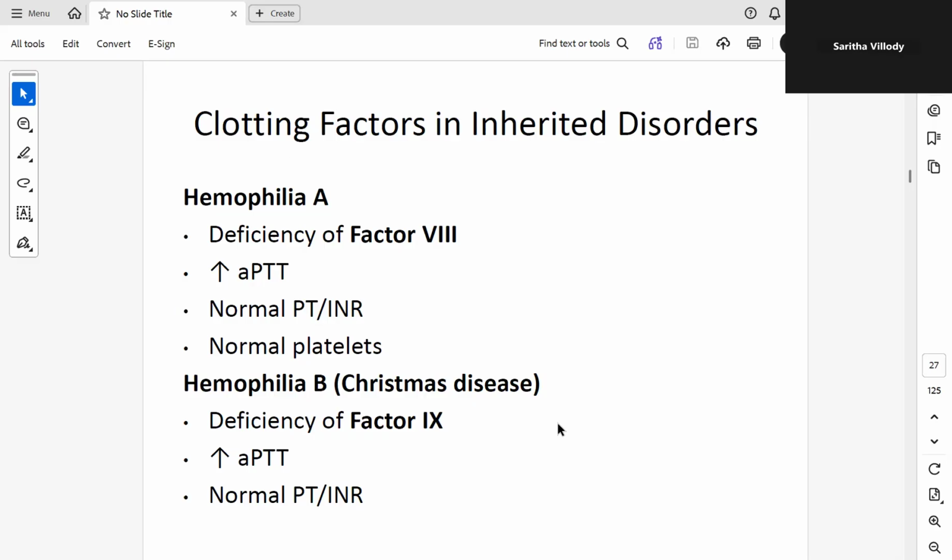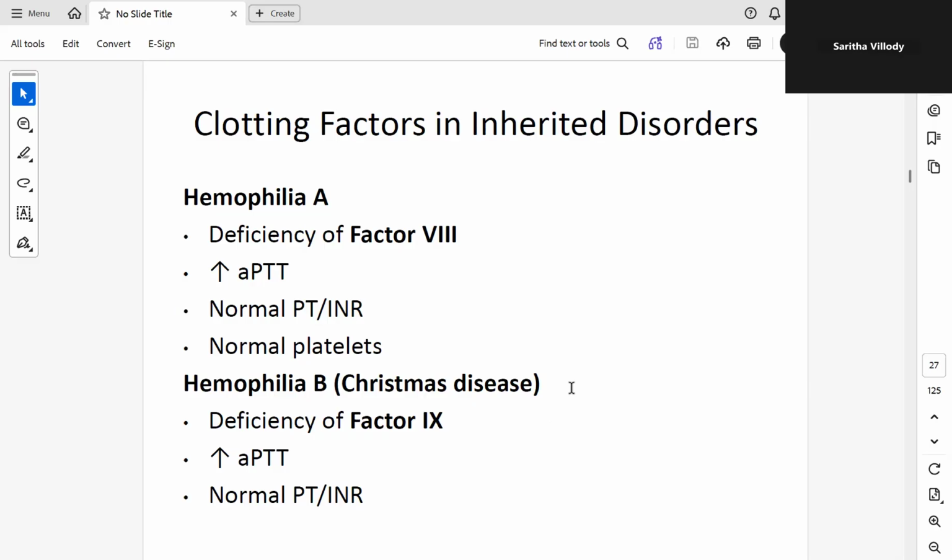B is comparatively lesser compared to hemophilia A, and it's also called Christmas disease because it was first diagnosed in a Canadian boy. His name was Stephen Christmas. So just an interesting fact. That's why it's called Christmas disease. And I think it was first diagnosed in 1952. So 80% of the cases are hemophilia A, and B constitutes a small percentage of it.